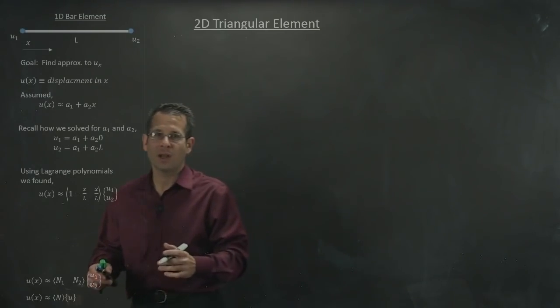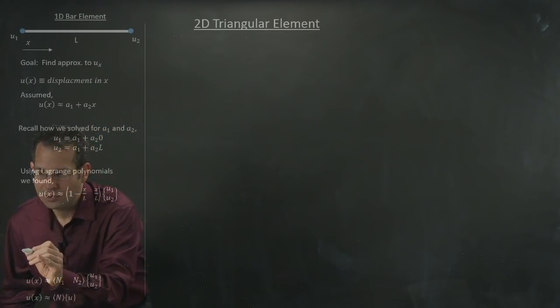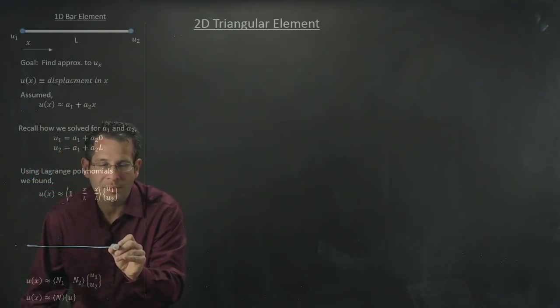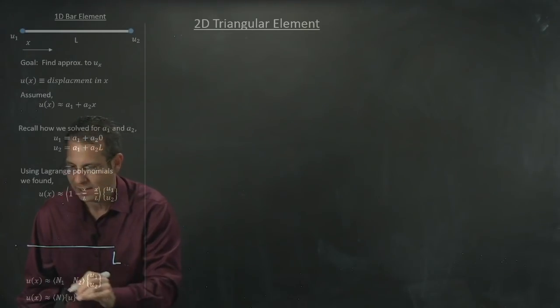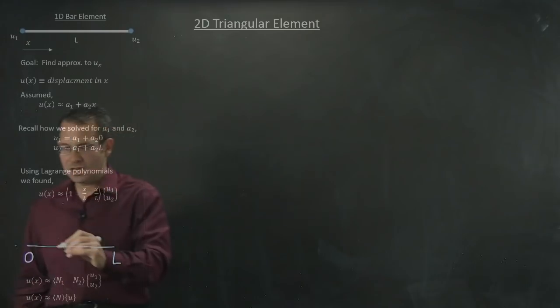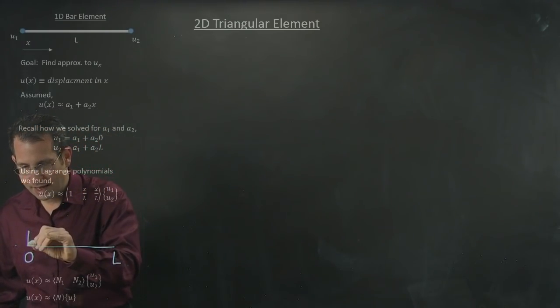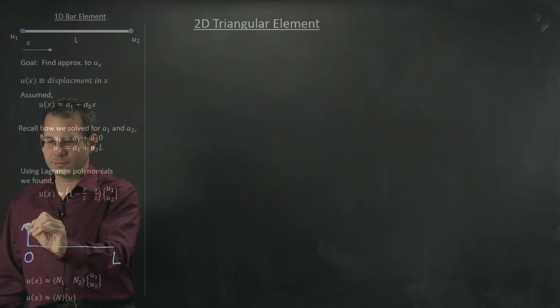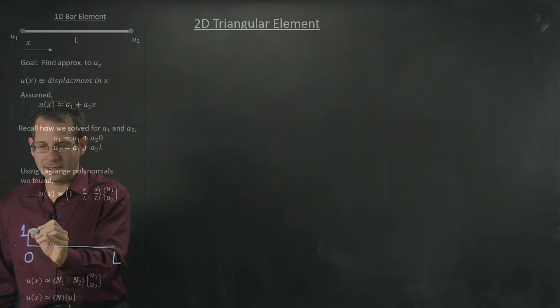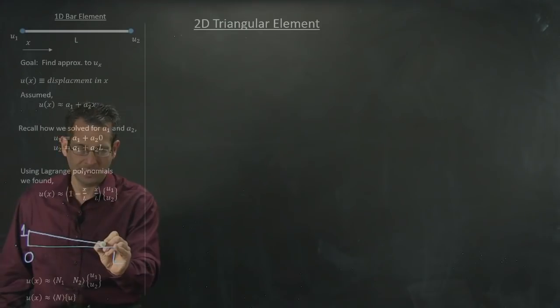In Lagrange polynomials, I assume that this line represents my domain. So this point is L and this point is 0. I can imagine an equation that equals 1 at this point and equals 0 at this point. And it's a linear equation, so it looks like this.